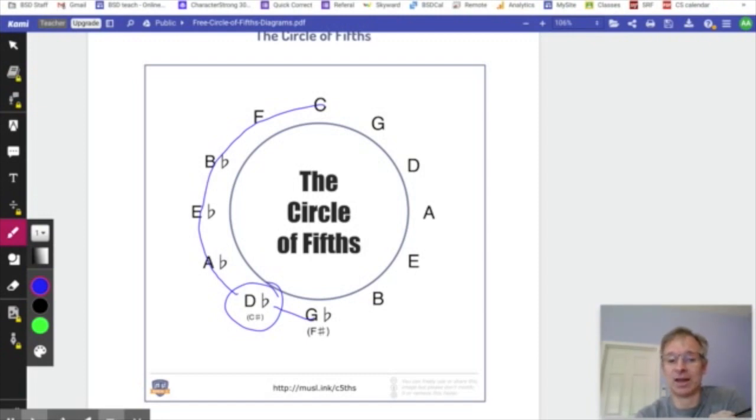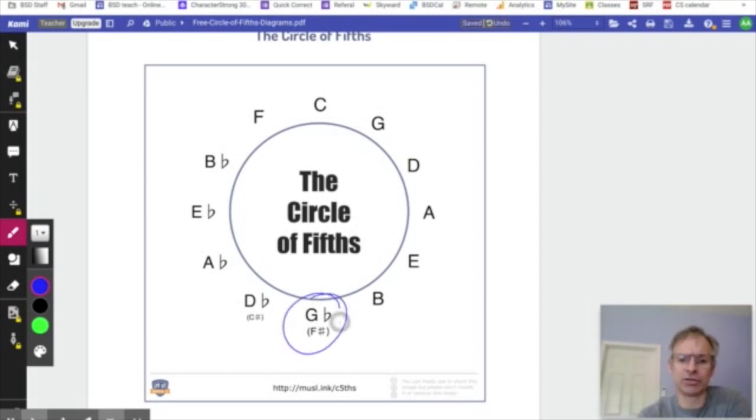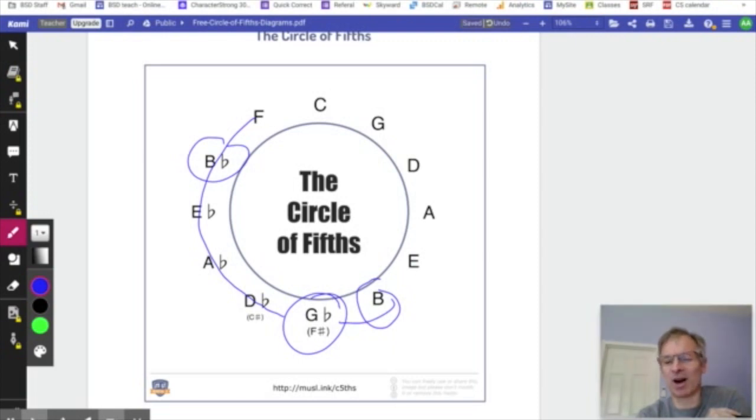Now, I said there's an exception, and there is, and it's this. If I started on G flat, 1 to the left and 5 to the right, 1, 2, 3, 4, 5, you'll notice that I've broken a rule here because there is both a B and a B flat in my subset of notes. So there's an enharmonic that got left off in this particular circle of fifths.